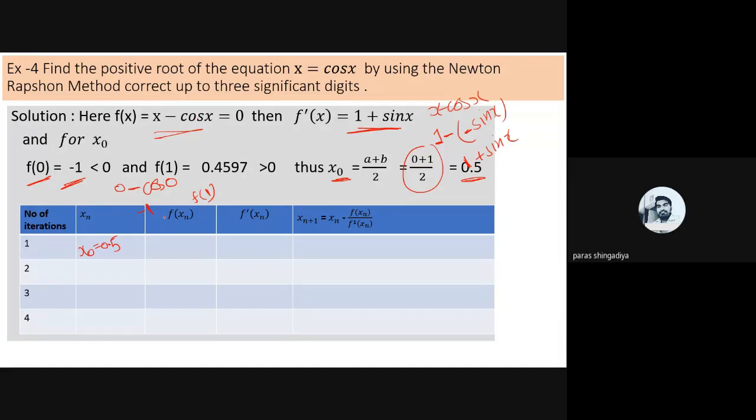So check the answer of the function value at 0.5: 0.5 minus cos 0.5. Just reply that. The answer is minus 0.37758. Good.